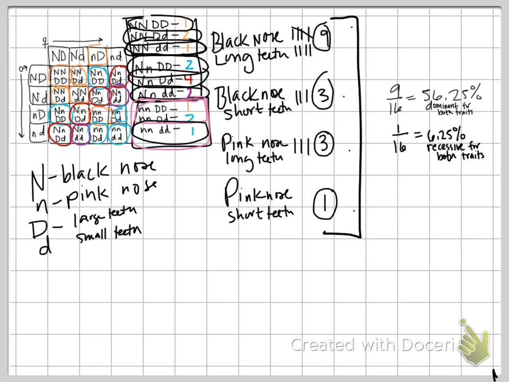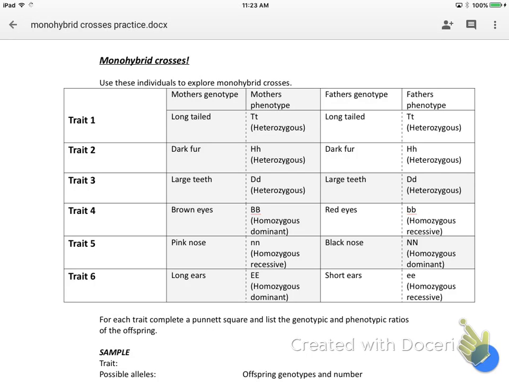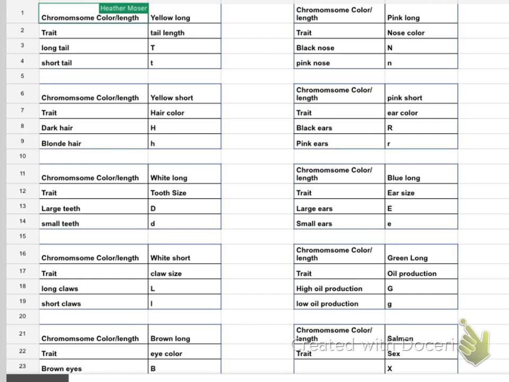It sounds counterintuitive, but it's true. So I will pop up the traits for the beavers. Is that them? No, that's not them. So that gives you the traits.